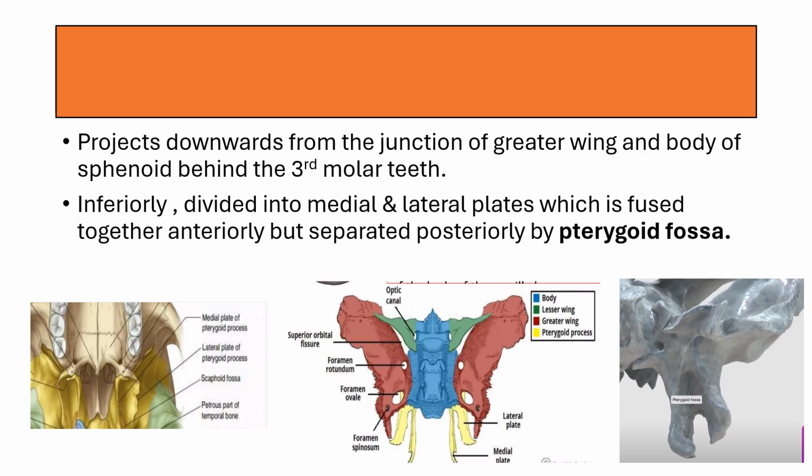On the posterior side, the medial and lateral plates are separated, and on the anterior side they are fused together. In the third picture we can see the pterygoid fossa on the posterior side, and in the second diagram we can see the anterior view where the medial and lateral plates fuse together.